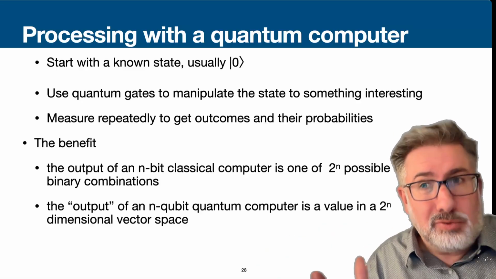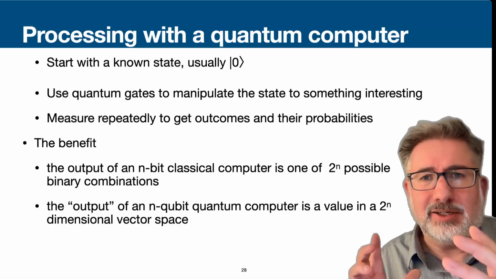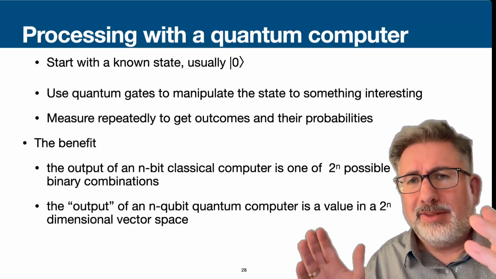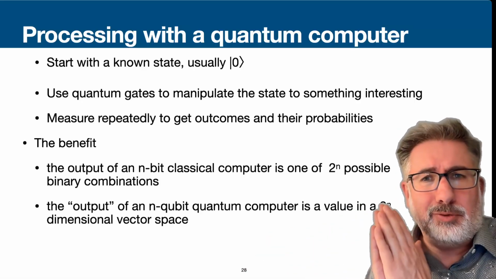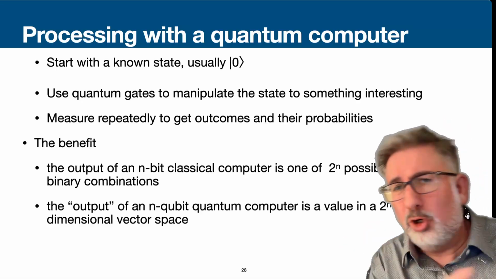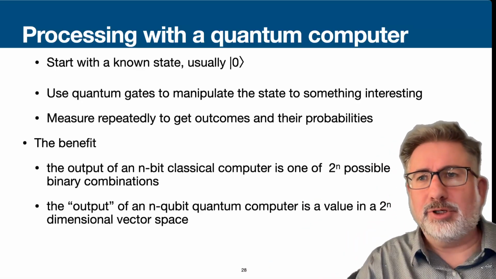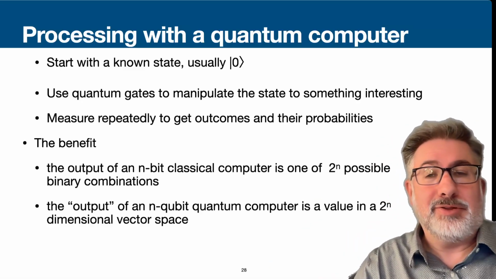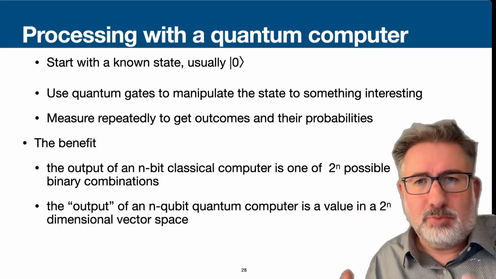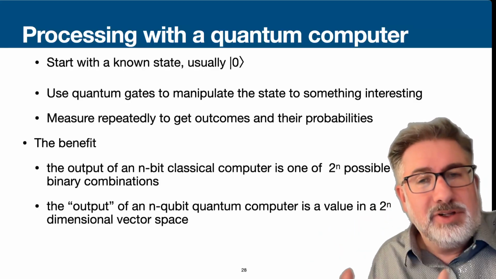If you manipulate the qubits with quantum gates in the right way, then you should get a high probability for one of your possible outputs and low probabilities for everything else, and that will give you your answer.